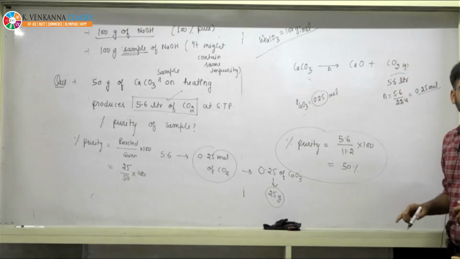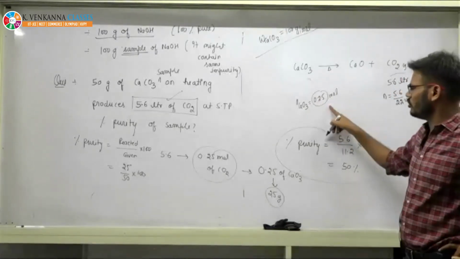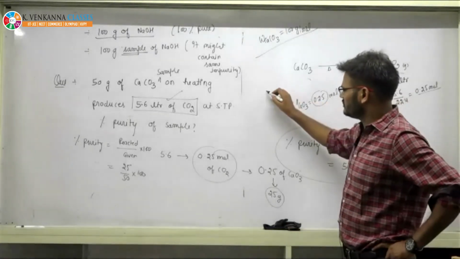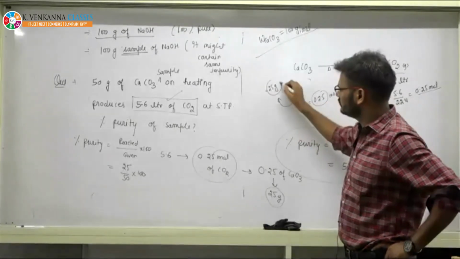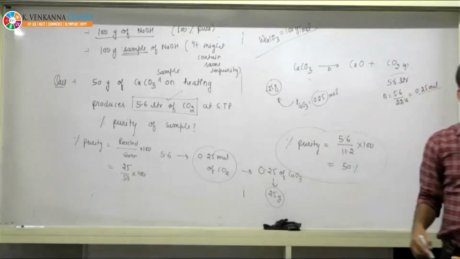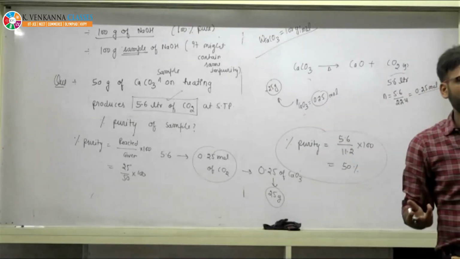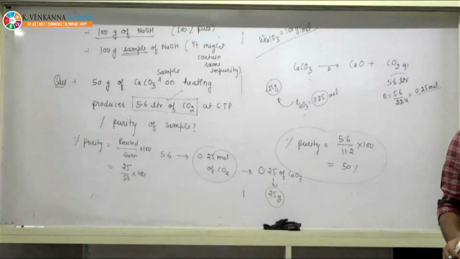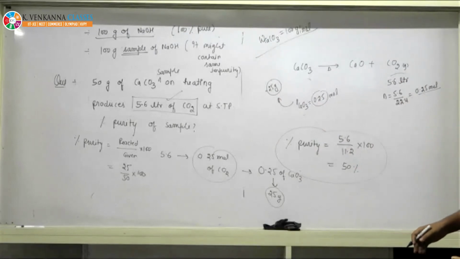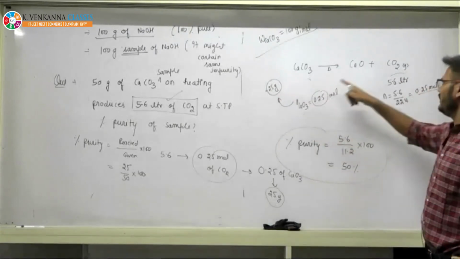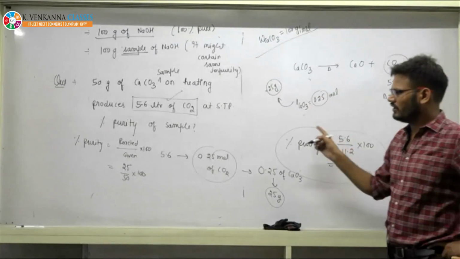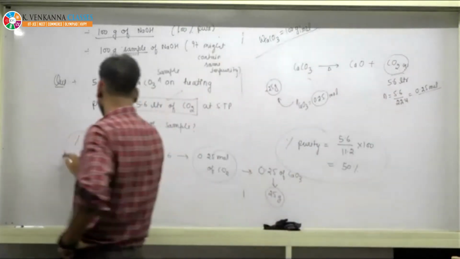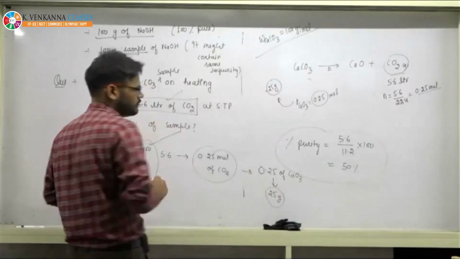If the moles of calcium carbonate are 0.25, then its weight must be 100 into 0.25, that is 25 gram. But we are given 50 gram, so the rest of the weight is the weight of impurity. So out of 50, only 25 gram are reacting and providing CO2 gas. You can just calculate the ratio and you will get the percentage purity.